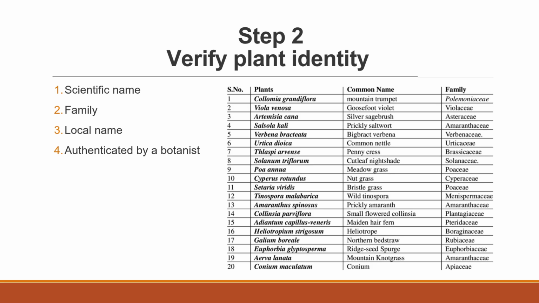Authentication is the next very important step. Authentication means that once you have collected the plant part, you need to confirm whether it is the proper, correct plant or not. For that you can visit a botanist or taxonomist.